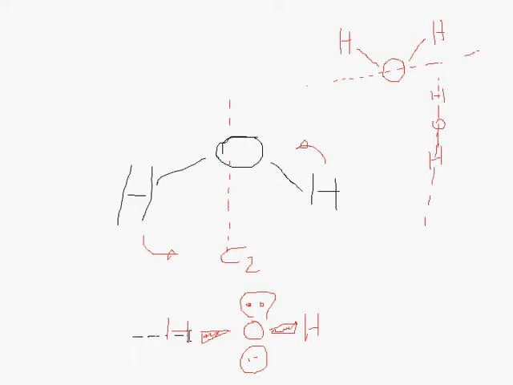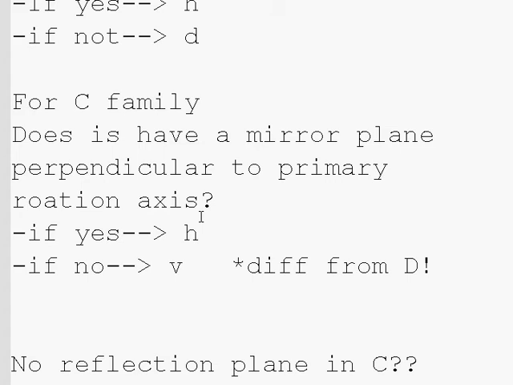It has a reflection plane right through there. And the C family is a little different. If it does have a reflection plane that's horizontal to the primary rotation axis, it's in the Cnh family. If it doesn't, it's in the Cnv.